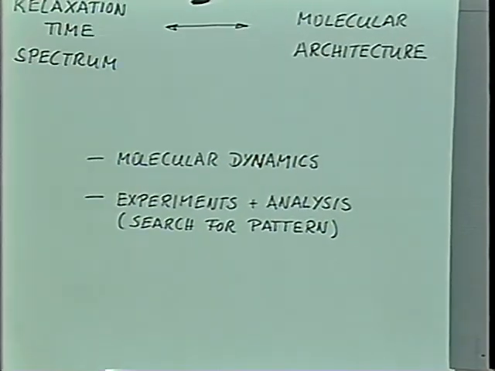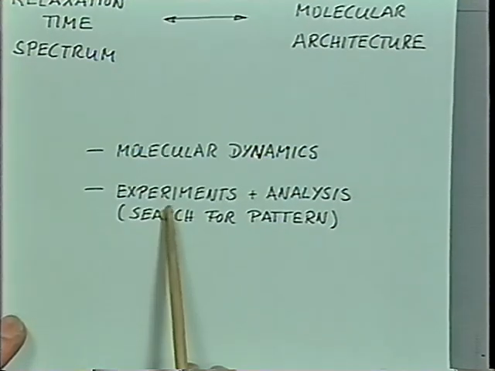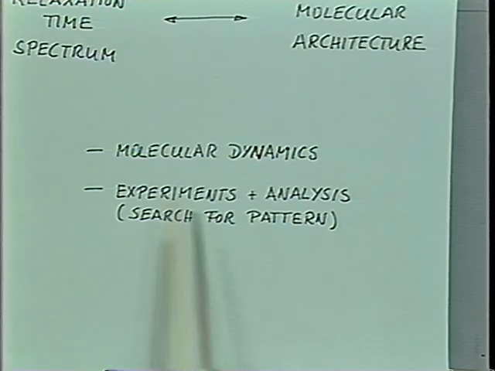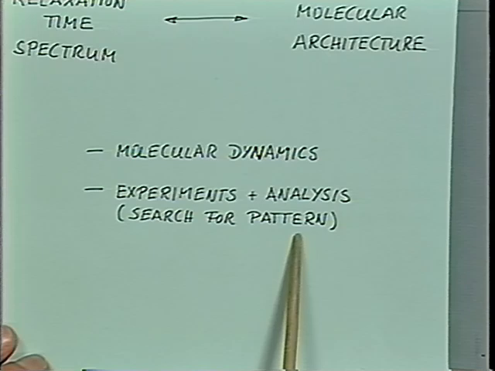to fill that subject. I will approach that as an experimentalist, where we would perform well-defined experiments, say dynamic mechanical experiments, and analyze the data as discussed, and then we look for a pattern in the relaxation behavior.